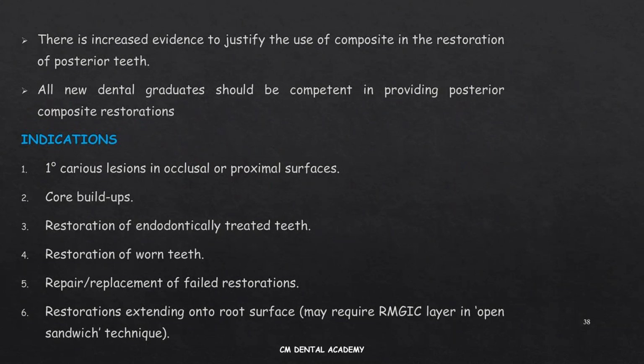But still it is being used, so we are going to deal with it. There is increased evidence to justify the use of composites in the restoration of posterior teeth.